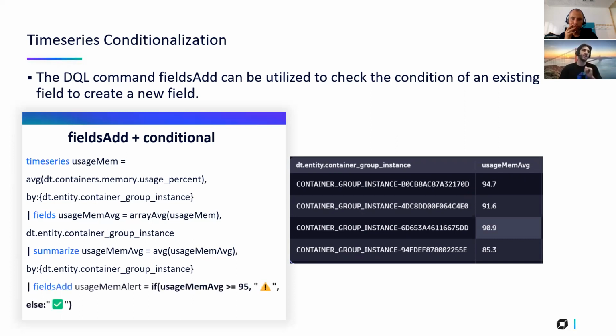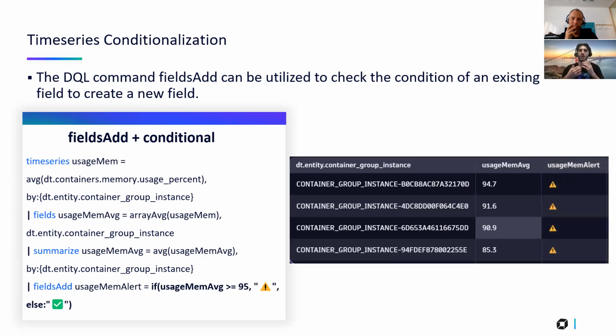Now within DQL, you can add this fields add command, which then you can put a condition on the metric you've queried, and then based on the results, you can result in an emoticon like this, where it's a warning, or a check mark, and seeing that very easily tells you that there is something that we should further analyze in this metric here.